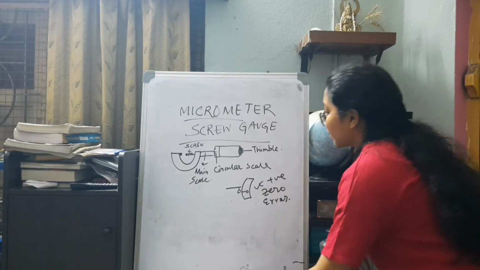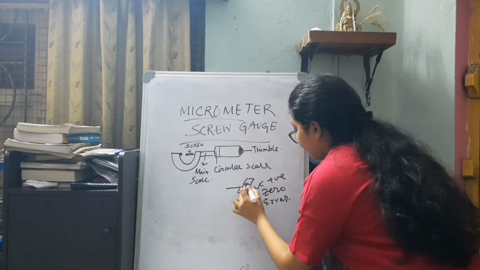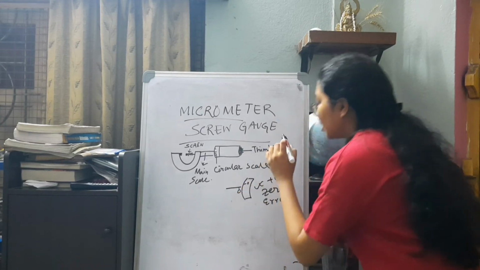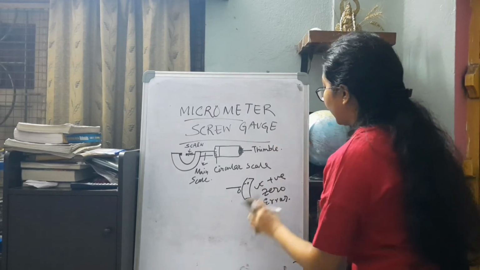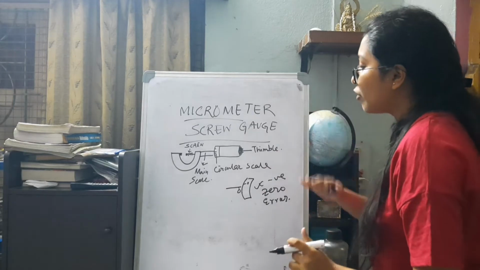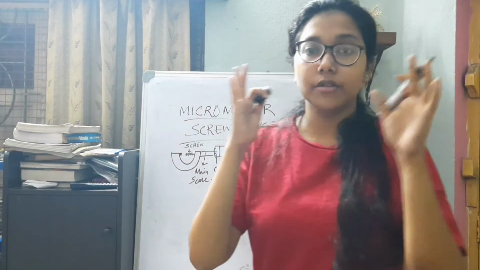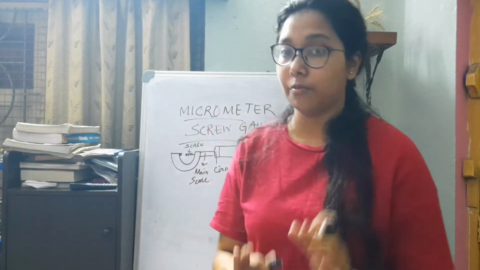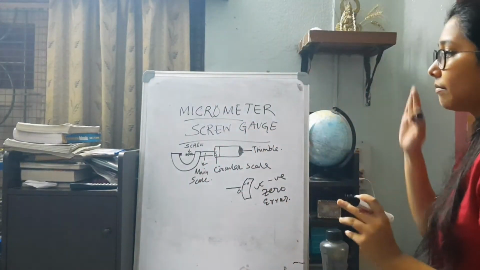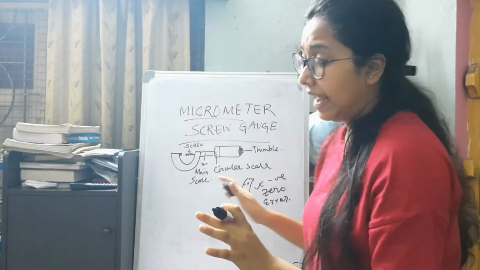But if the reference line of the main scale is below the 0 mark of the circular scale, then it is a negative error. So the negative or positive zero error is measured with respect to the main scale 0 mark. If the main scale is above, positive. If the main scale is below, it is negative.